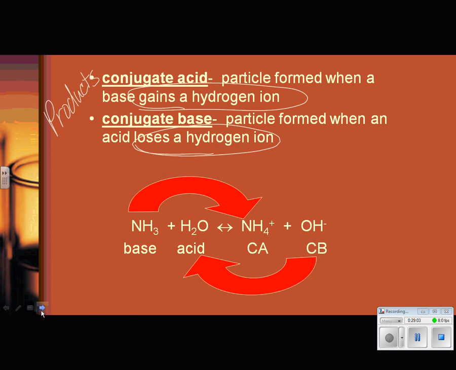All right. Let's do some examples here. So HCl, as it came over here, did it lose or gain a hydrogen? Well, it lost a hydrogen. If it lost a hydrogen, then does that make it an acid or a base?